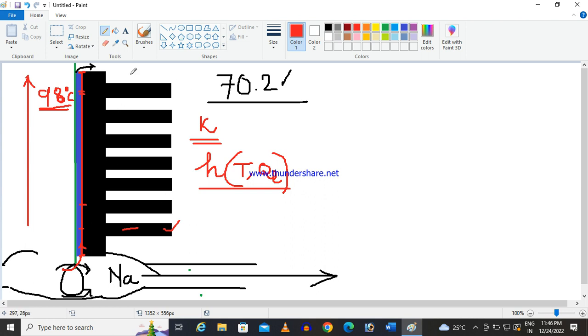So the number of fins is based on achieving the desired height of the fin tube assembly, so that the sodium freezes as early as possible. On one hand we have to optimize the number of fins, and marginally the fin length also has to be selected, otherwise the fin will be inefficient.